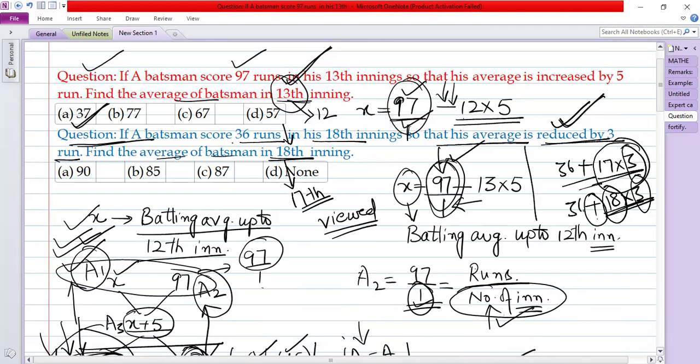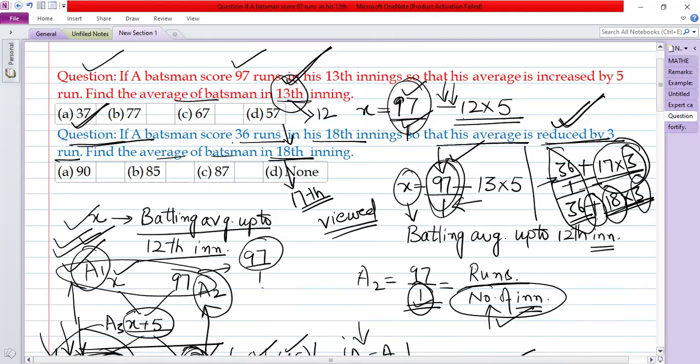But again here I will add 36, and that will give us the answer. And once again, this first entry 36 should be viewed as the average in the last match, meaning 36 divided by 1. This remark was missed here.